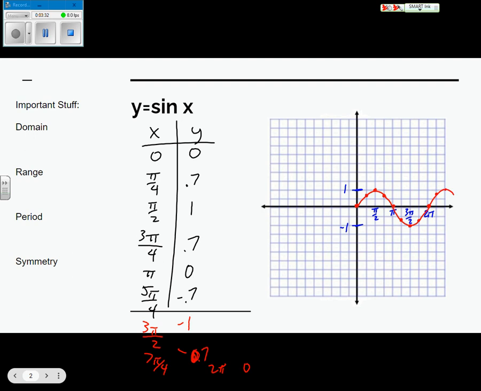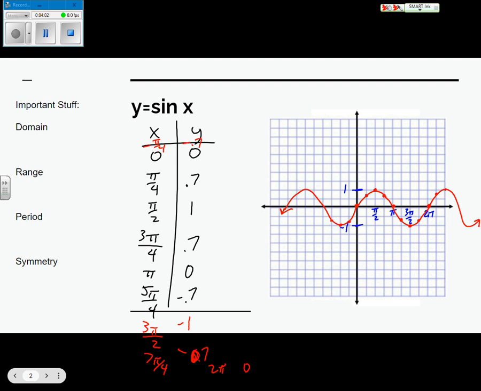So this wavy line just continues forever and ever in both directions, because even if I was to do sine of negative pi over 4, that would give me a negative 0.7. I was getting these values right off my calculator. So this wavy line just continues in both directions. And that, oddly enough, is what my sine graph looks like.